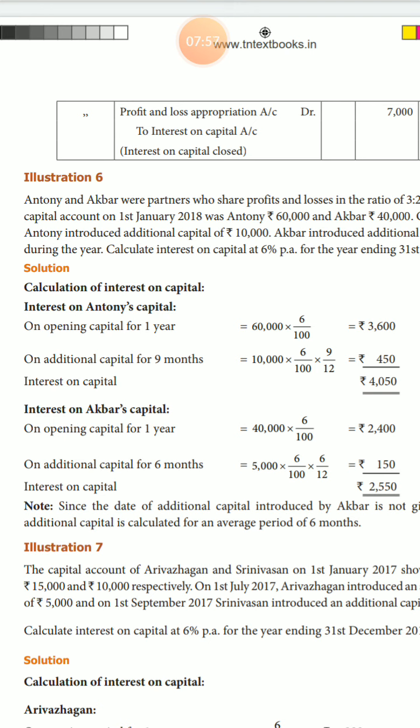The answer is 3,600. Next one, on additional capital. In which month did you introduce the additional capital?